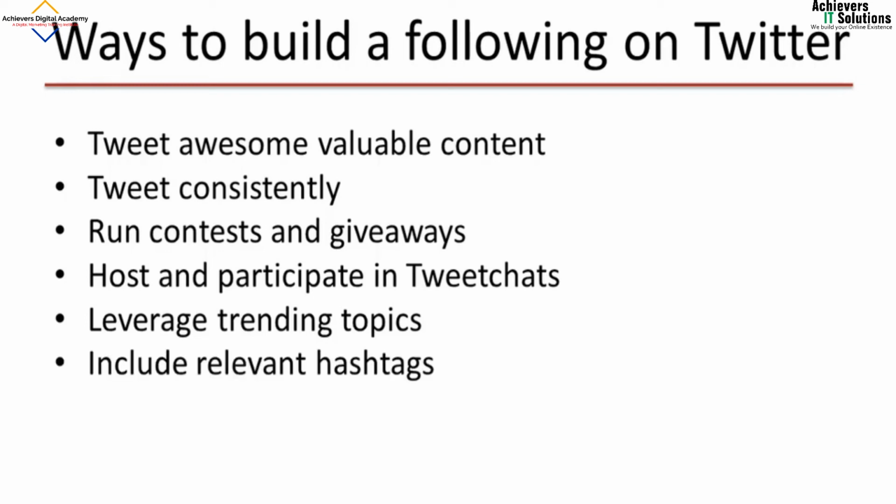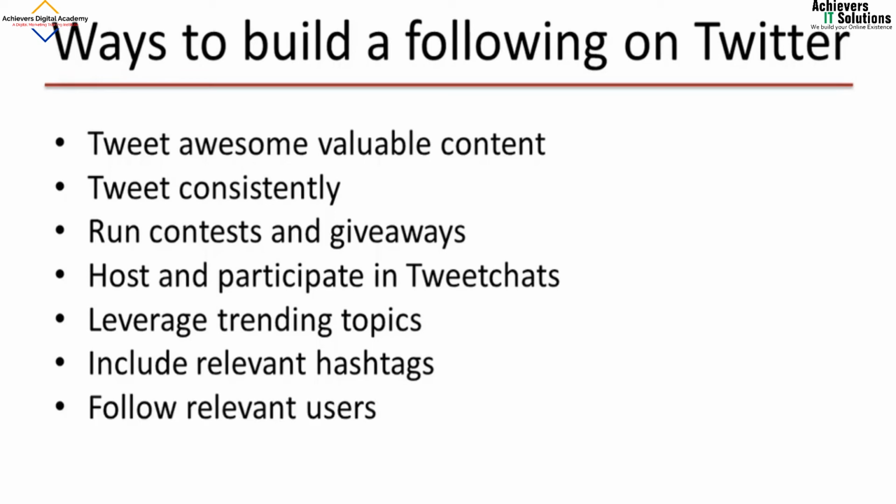Include hashtags. Hashtags help you put yourself and your content in front of the most relevant people, your audience who are following those hashtags. So using hashtags will put your content in front of your target audience, and if your content is good, they will end up following you for more. So relevant hashtags is another way to build your following on Twitter.